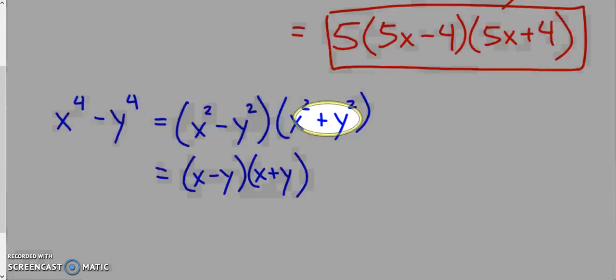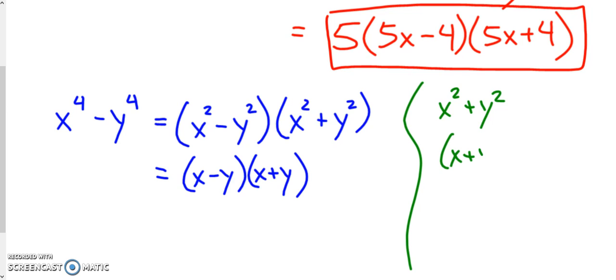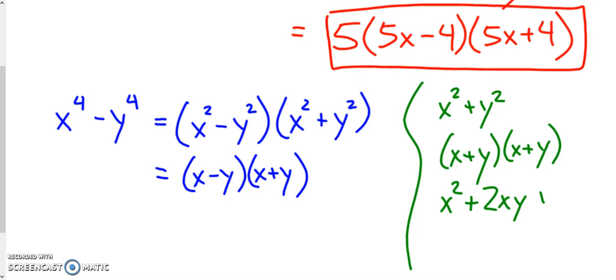A lot of kids think that if it's x squared plus y squared, that's got to be x plus y times x plus y. The problem is, if you multiply this out, if you FOIL it out, you get x squared plus 2xy plus y squared.